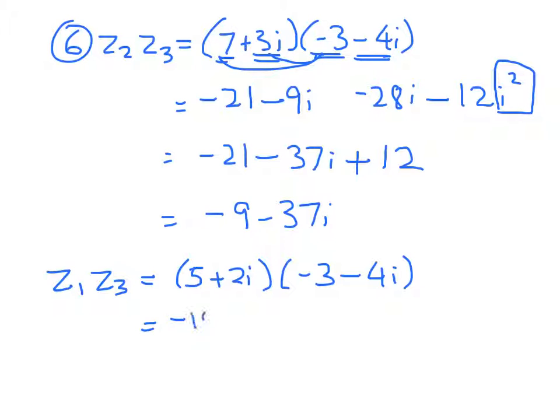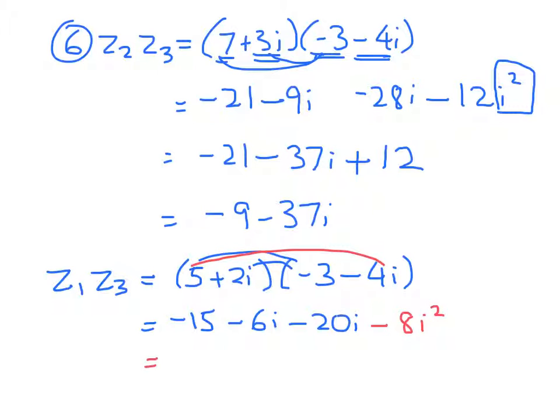So negative 15 minus 6i, right, minus 20i minus 8i squared, which is negative 15 minus 26i plus 8, which gives us negative 7 minus 26i.